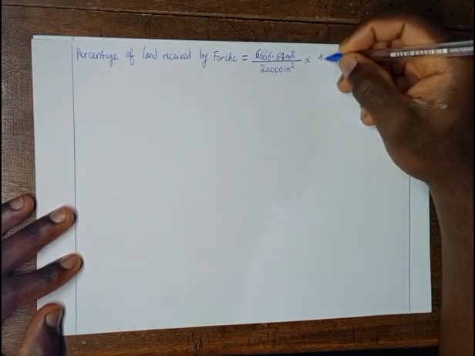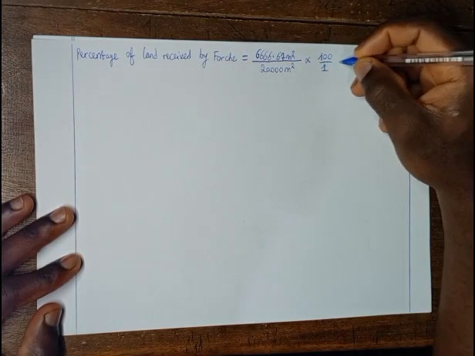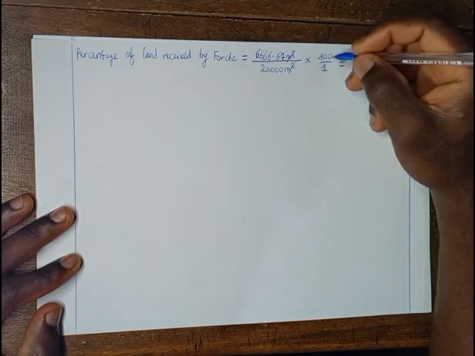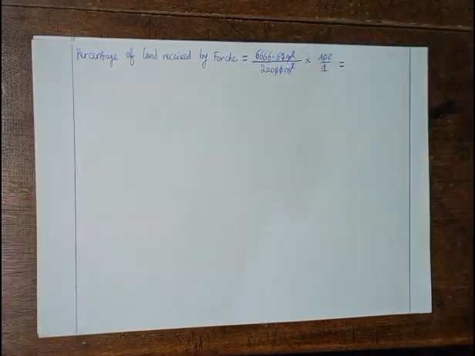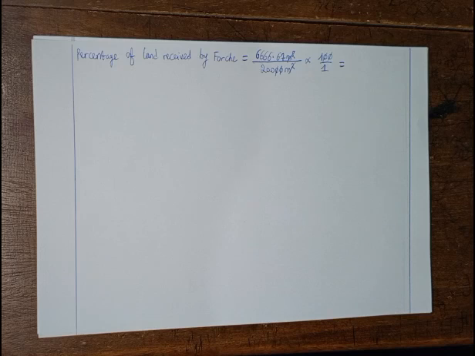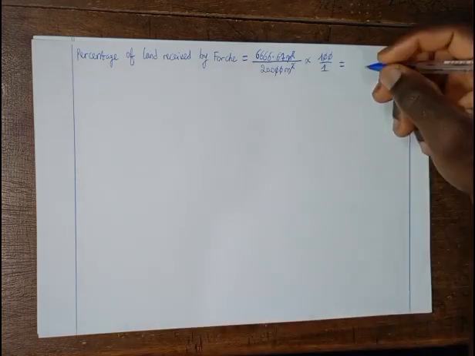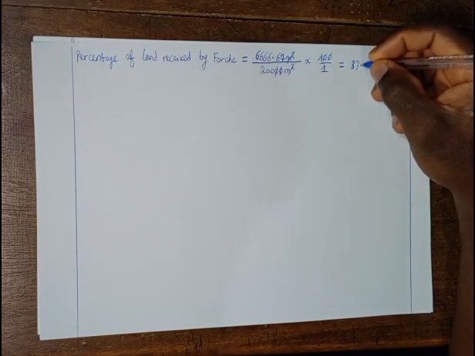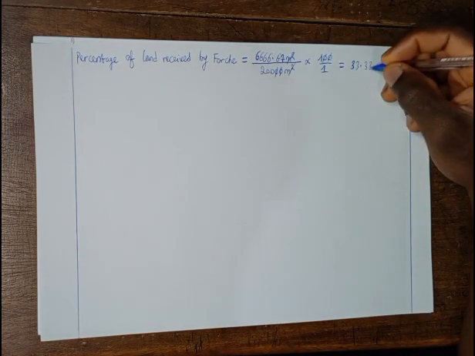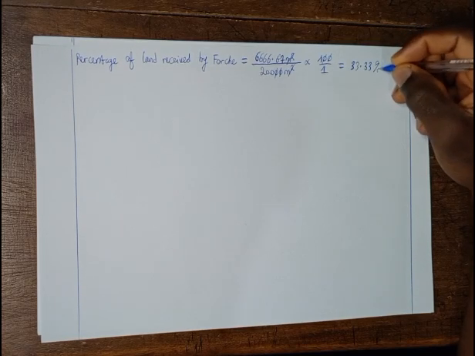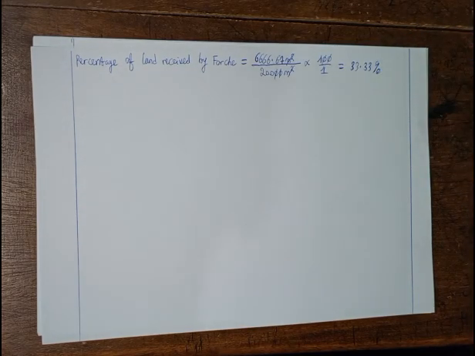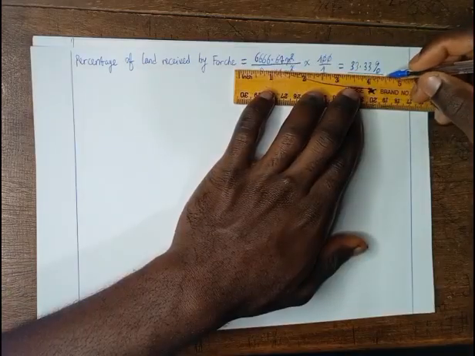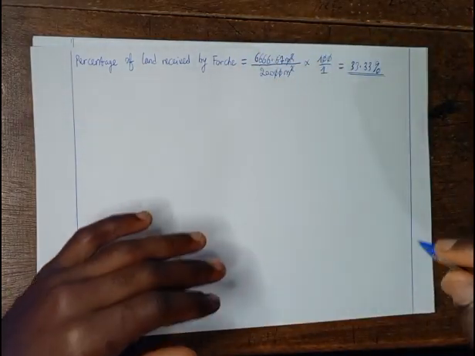Then we multiply by 100 over 1. So we know meters squared will go off, these two zeros will go off. We are going to divide 6,666.67 by 200. This will give us 33.33 to two decimal places. We attach the percentage sign. So this is the percentage of land received by Uche.